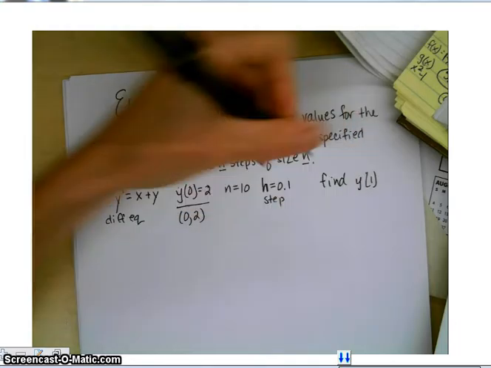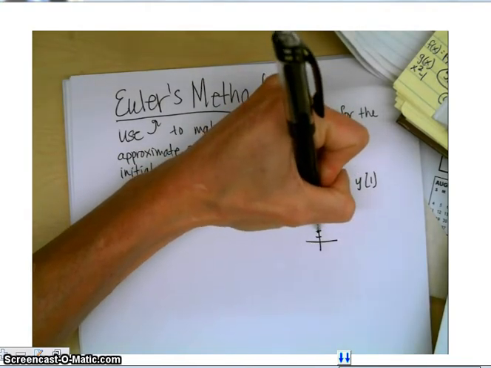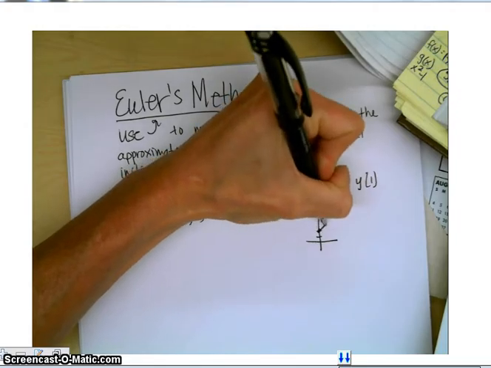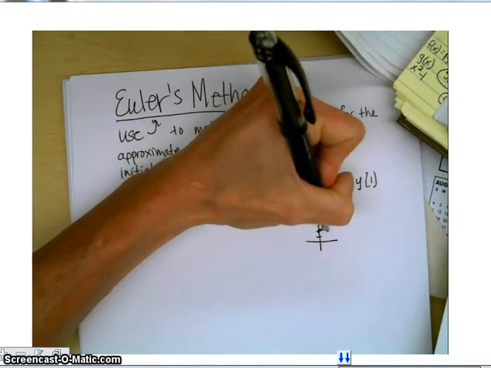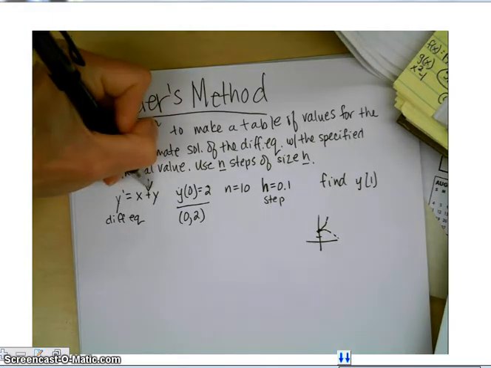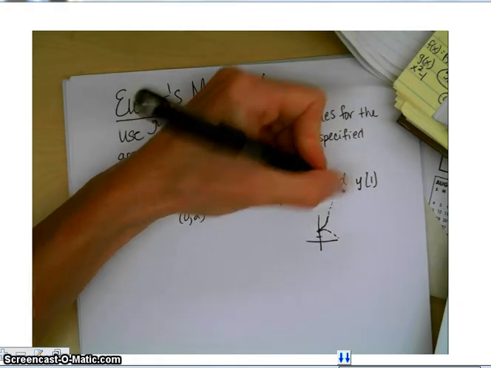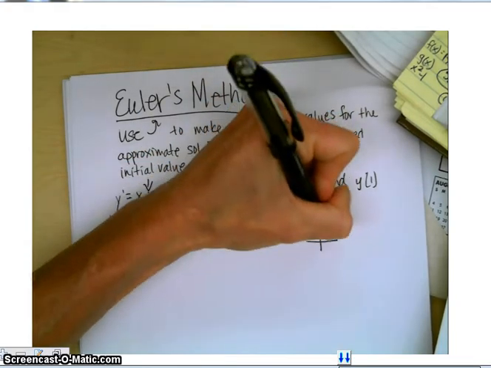Starting at the point 0, 2, we're going to end up with these little slope field dashes, and I don't know which direction they'll go exactly. It all depends on where this takes us every time. We're going to use those 10 little dashes and end up with an estimation.